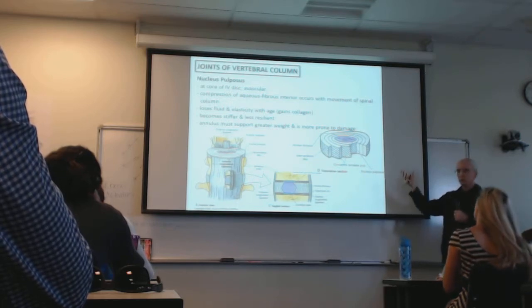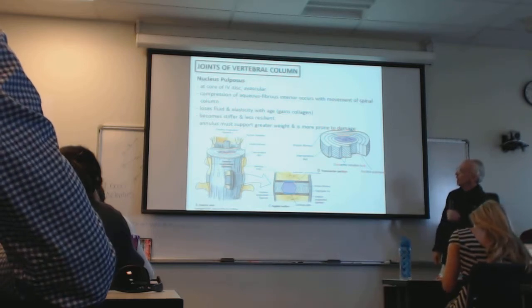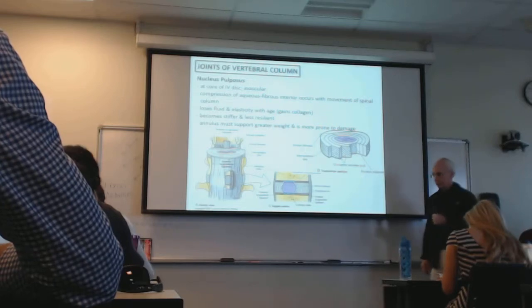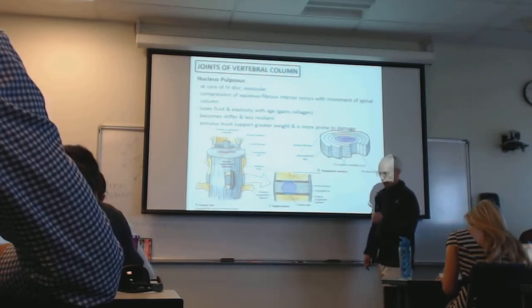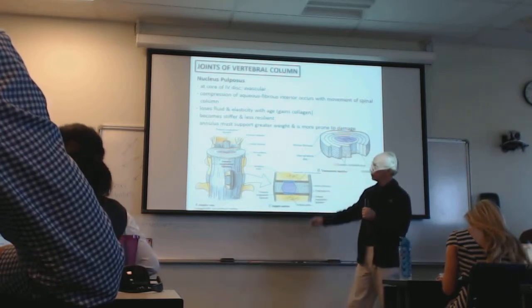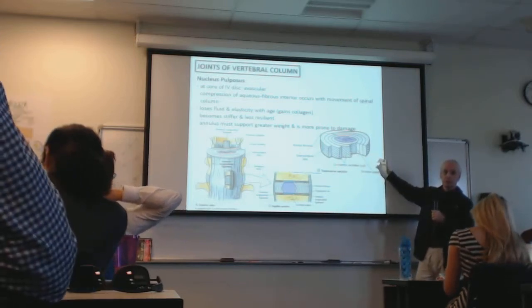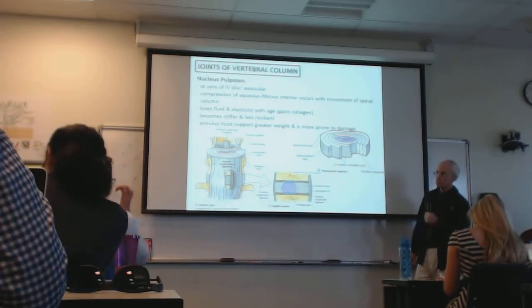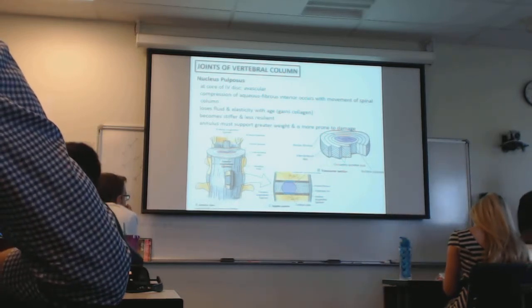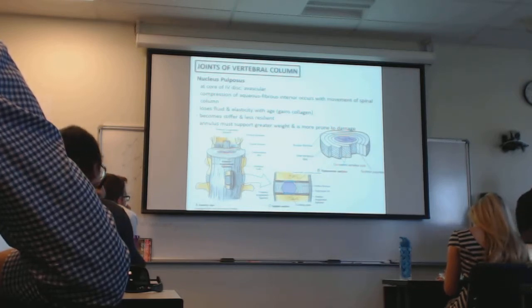So the whole thing becomes a little more brittle and less capable of distributing the load. Again, this is progressive ossification. On the one hand, the vertebrae, as we age, sort of lose their bone density through osteoporosis, and the vertebrae sort of progressively calcify, become more brittle for a variety of reasons. So the two together do not speak well for the ability of this structure to handle the weight that it's asked to handle.